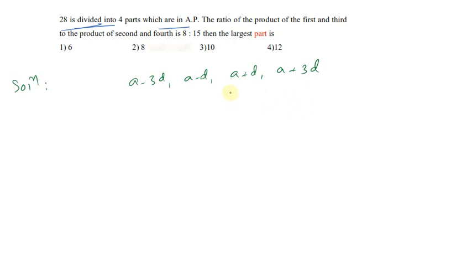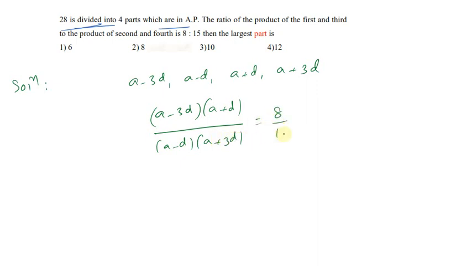So that is the purpose. Now the ratio of the product of their first and third to the product of second and fourth. First and third is nothing but a minus 3d into a plus d, and second and fourth, you are getting a minus d into a plus 3d, which is equal to 8 by 15.